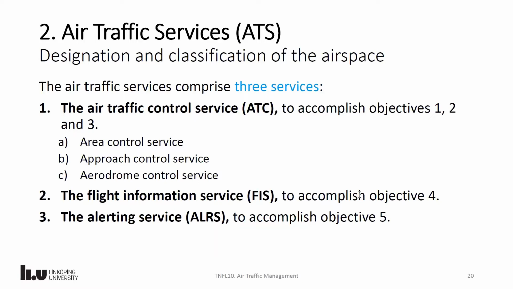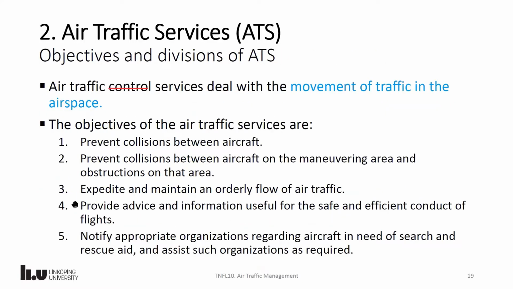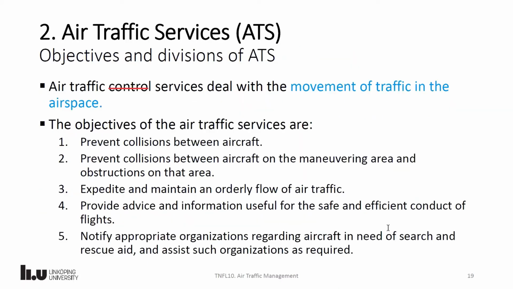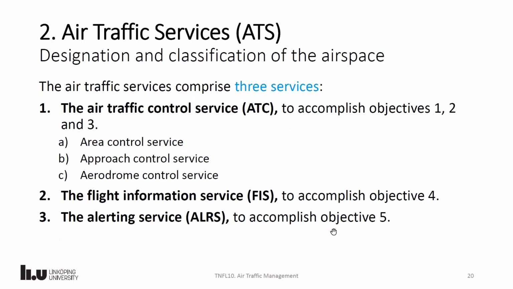In order to accomplish objective 4, which was to provide useful information and advice, we have the flight information service. And finally, to accomplish objective 5, which was to notify organizations of aircraft in need of search and rescue, we have the alerting service. So these are the three services. I would say that air traffic control is the one that we're going to be spending most of the time talking about.